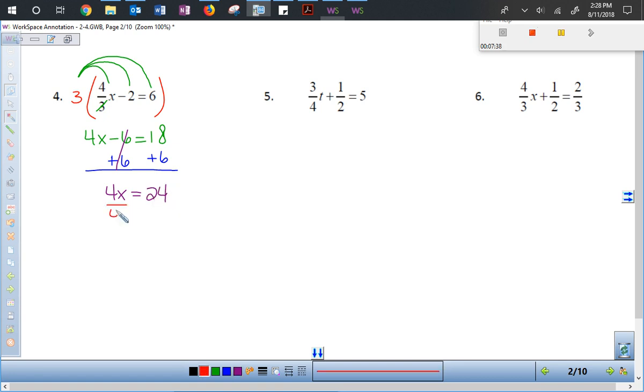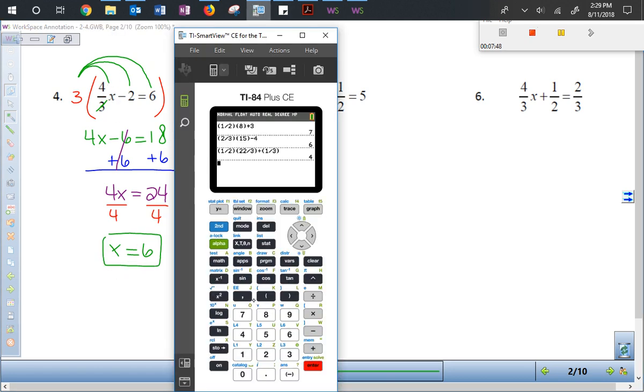Divide each side by 4, and x equals 6. Now to check this, we want to substitute it back into the original equation. So I'm going to take 4/3 times 6 minus 2, and I get a result of 6.